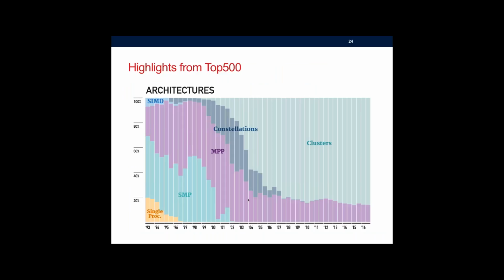So very quickly, I don't want to go into too much detail. This is the progress of the type of architectures we have. Initially, there were single processors that were the fastest machines, but if you just look at this decade, you will see that it's basically two types of computers.